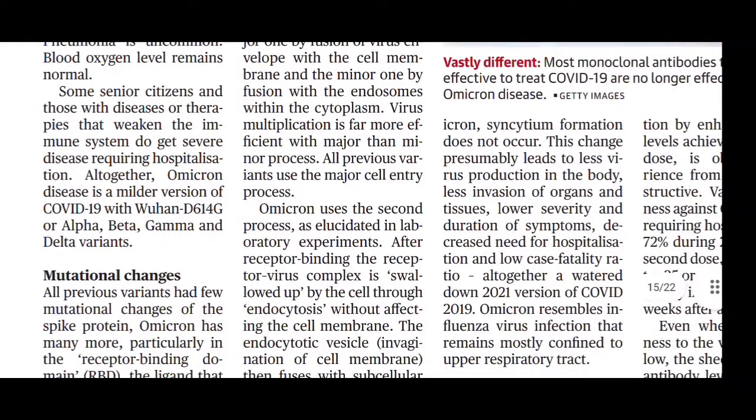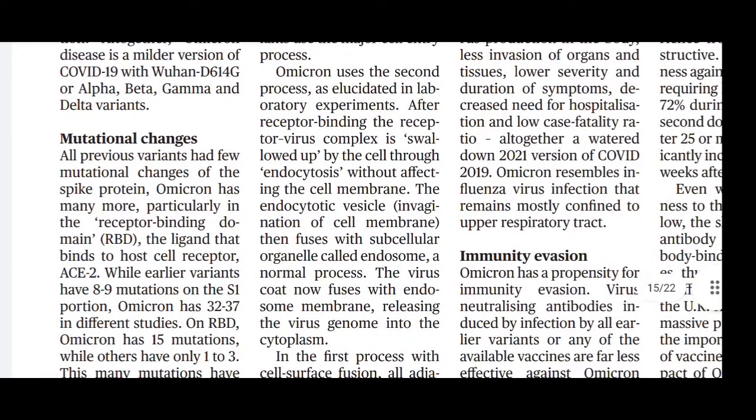Some senior citizens and those with diseases or therapies that weaken the immune system do get severe disease requiring hospitalization. Altogether, Omicron disease is a milder version of COVID 19 with Wuhan D614G or alpha, beta, gamma, and delta variants.